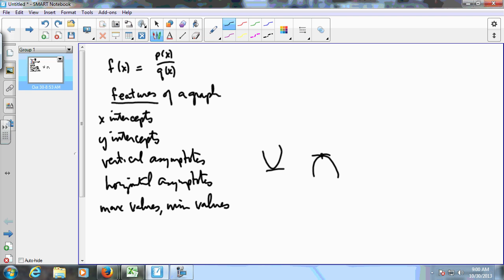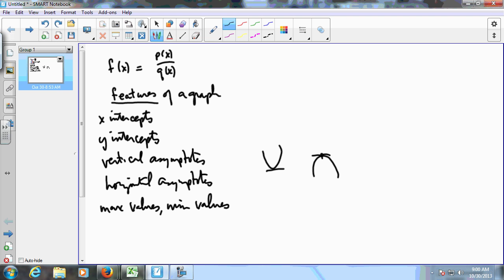And what makes it a feature is that it's just something that is useful to describe what the graph looks like. And the game in understanding rational functions is to interpret what features of the graph are in terms of properties of the polynomial.